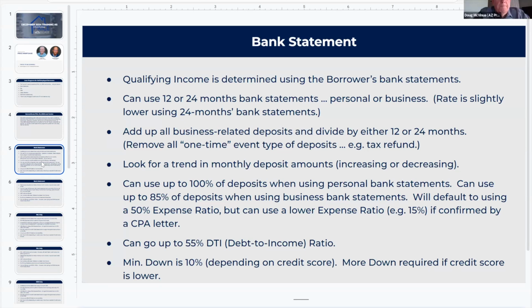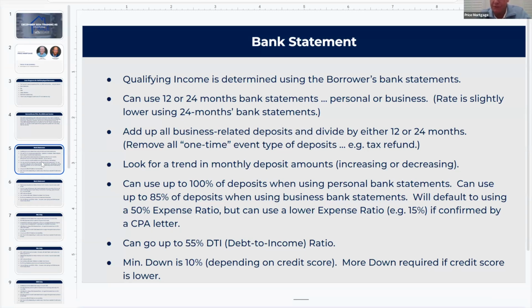When you're using personal bank statements, we can normally use 100% of the deposits. When using business bank statements, you can use as much as 85% of the deposits. What they normally do with business bank statements is assume a 50% expense factor.